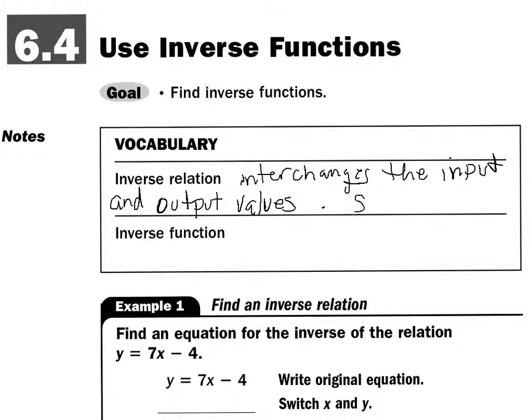That means they switch the x and the y. Inverse function. This is where the relation and its inverse are both functions.